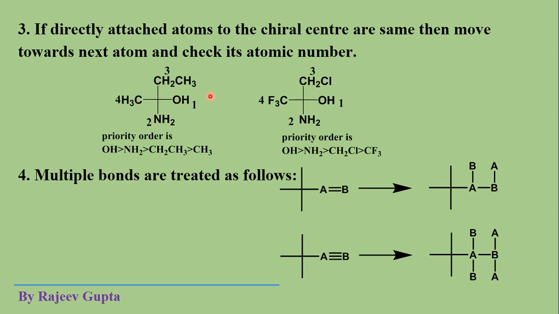First we check the atomic number of all four atoms. The highest atomic number is for oxygen, so the hydroxyl group will get the highest priority, 1. Then nitrogen has the next highest atomic number, so it will get second. Now both carbon atoms are the same, so we will move towards the next atom.